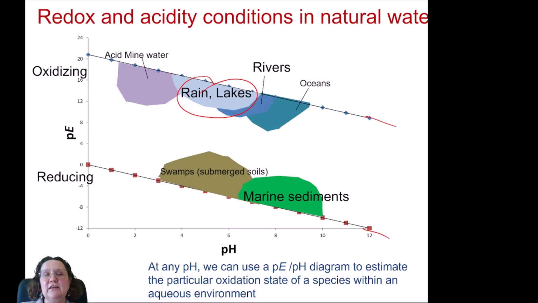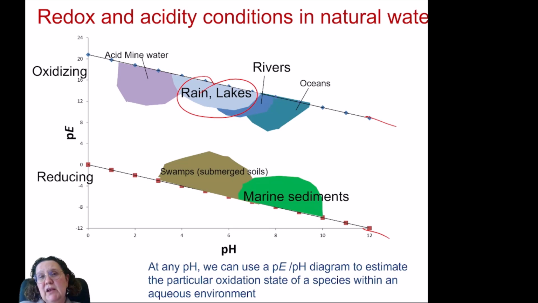Yes, you're going to have arsenic, but exactly in what oxidation state? As an arsenate? You're going to have sulfur, but how will you have it? As sulfhydric acid? Will you have it as a sulfate? And all that you can infer just from knowing the pH of the sample and knowing exactly what species you're looking at. So it can be a good indication of what is the oxidation state of that particular species.